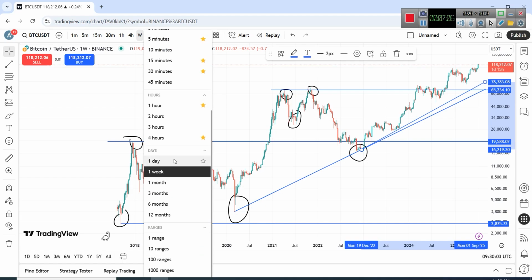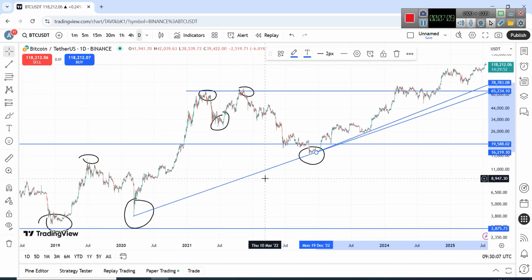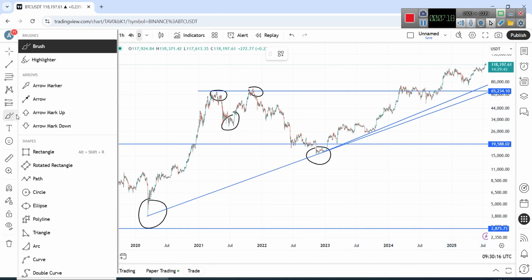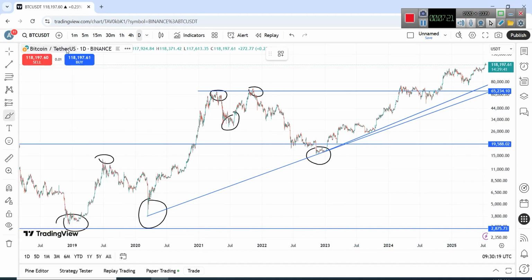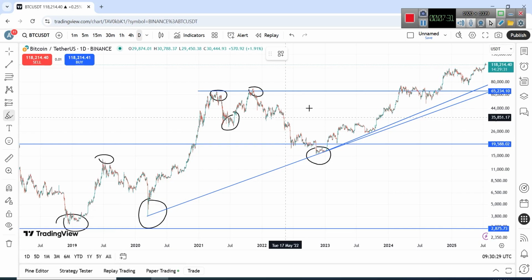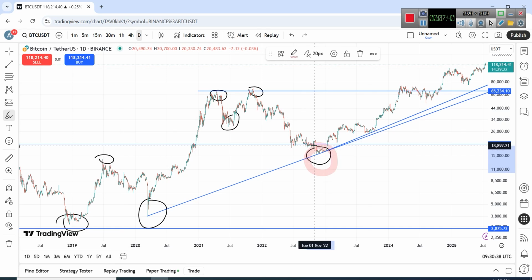We'll switch back to the daily candles. All right, in the daily candles, we'll define also some other pivots with another color. Let me see if I can choose the color. No? All right, I will change my, yeah, it's changed. Okay, we have one pivot again right there, and the other major pivot right here.